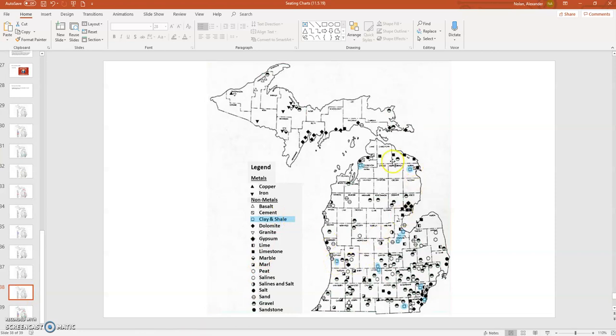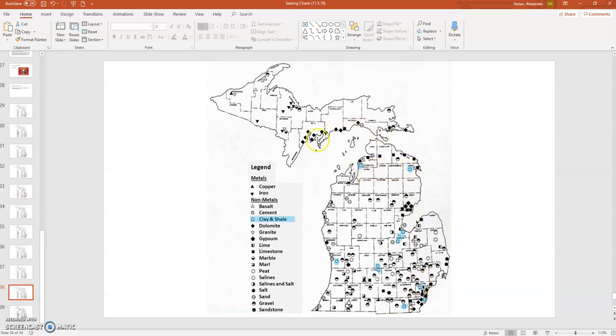So we have a handful of just kind of random deposits of clay and shale in the state of Michigan, at least as far as commercially we have some clay and shale operations going on. These are all over. I guess we could generalize and say that they're inside of the limestone and dolomite.